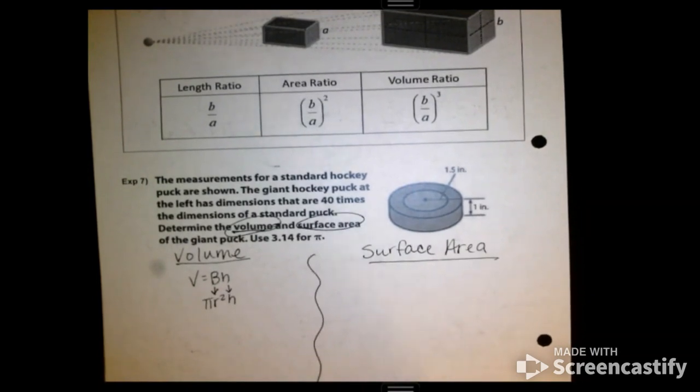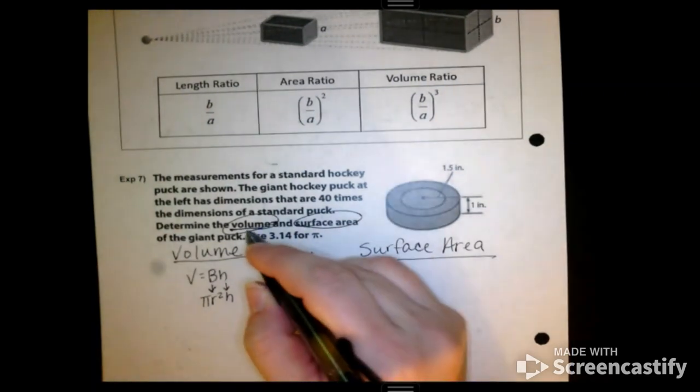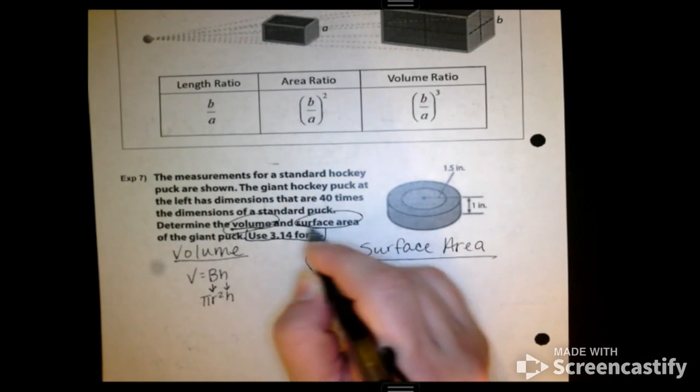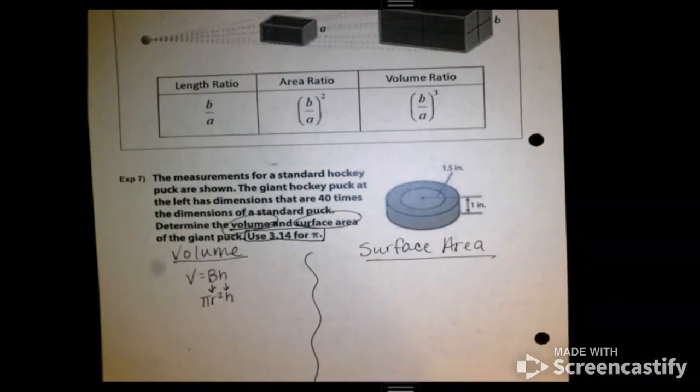Okay, what else after it says determine the volume and surface area is very important for us to read? Use 3.14 for pi. Okay, we've been using our pi button, right? That's pretty much telling us that we aren't going to use it. It wants you to use just 3.14.